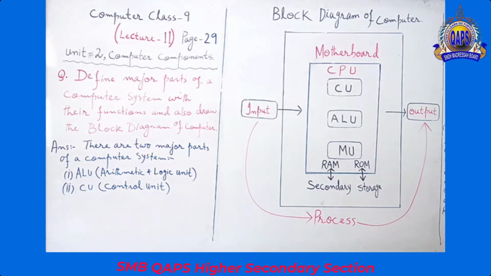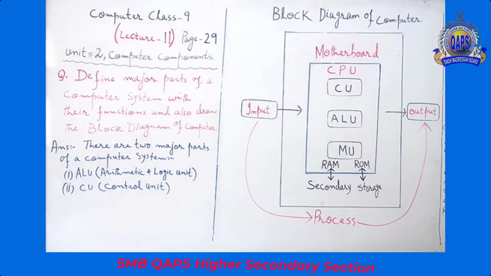ALU performs arithmetic and logical operations. ALU includes a group of registers. What are registers? High-speed, volatile or temporary memory locations built directly into the CPU that are used to hold the data currently being processed.